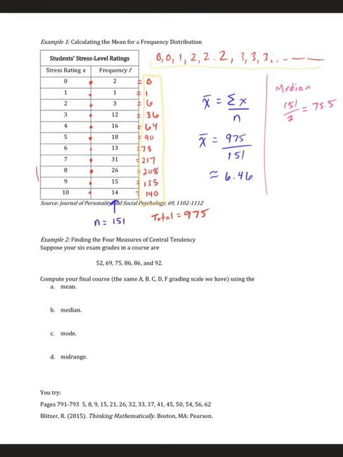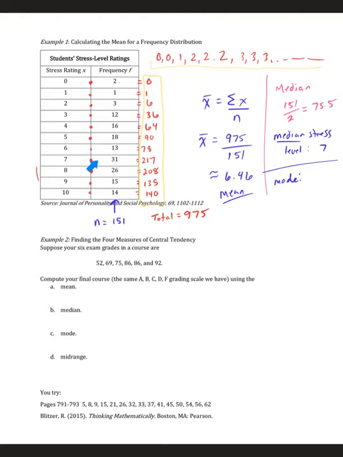So we could say the median stress level is a 7. That would be the median. And again, we said this value here is the mean. Now, mode was the most common. So if we want to keep going here with the mode, you want to find which one of these values occurs most frequently.